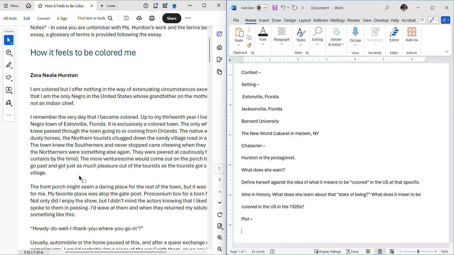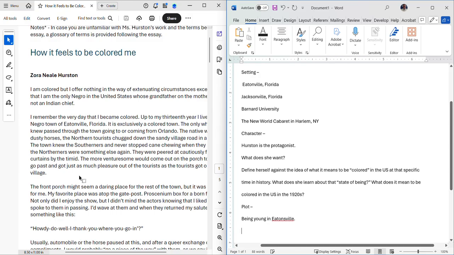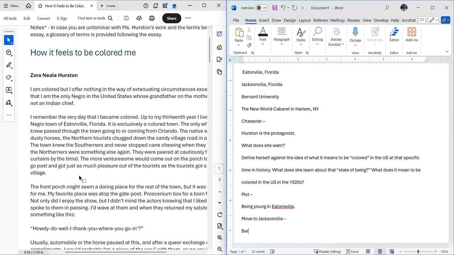We start with her being young in Eatansville. Then we move on. The next step is move to Jacksonville, where her difference finally starts to become apparent to her.